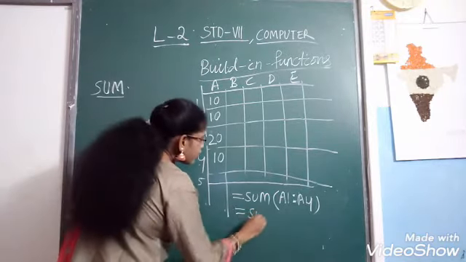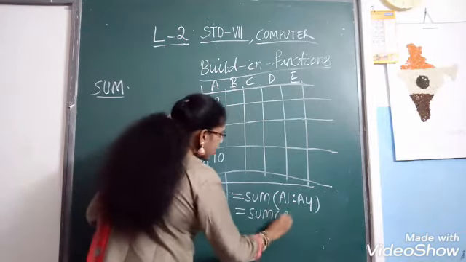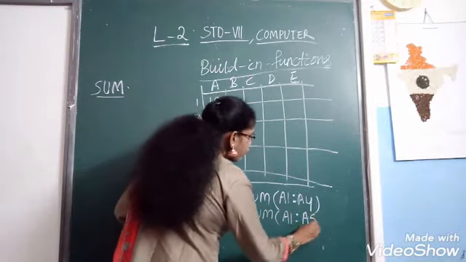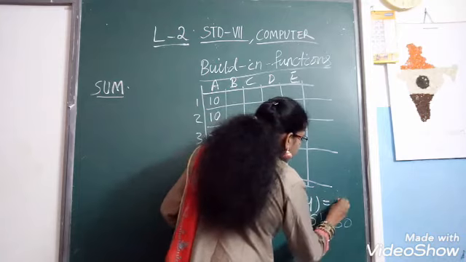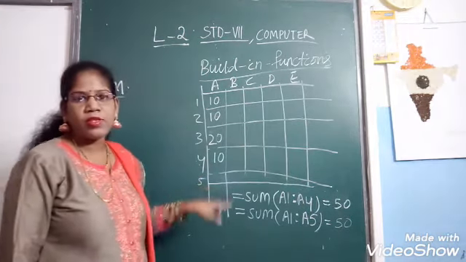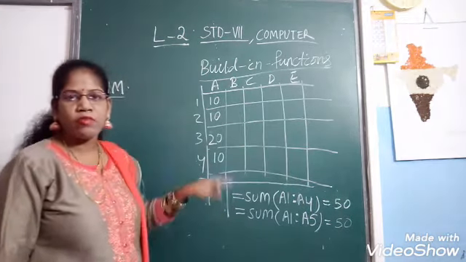So you write sum A1 to A5. Again the answer will come 50, because if there is a blank cell, it will be treated as 0. Getting my point?